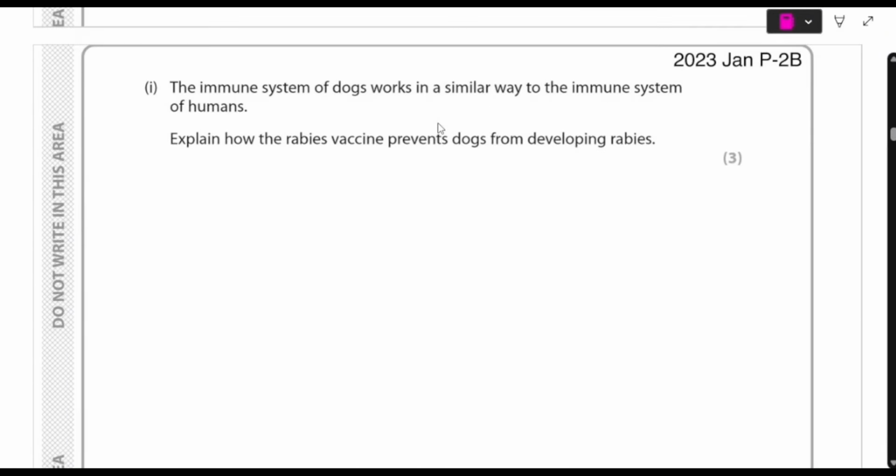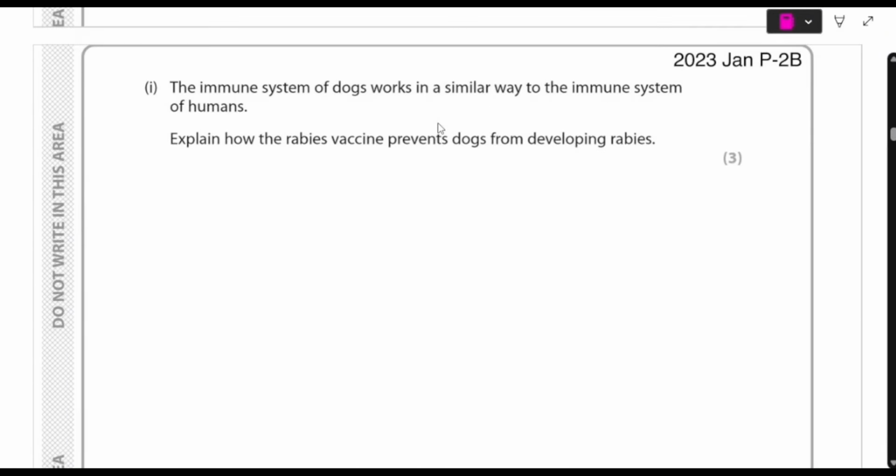Now we have a question about vaccination. They've said that the immune system of dogs works in a similar way to the immune system of humans. Explain how the rabies vaccine can prevent dogs from developing rabies.